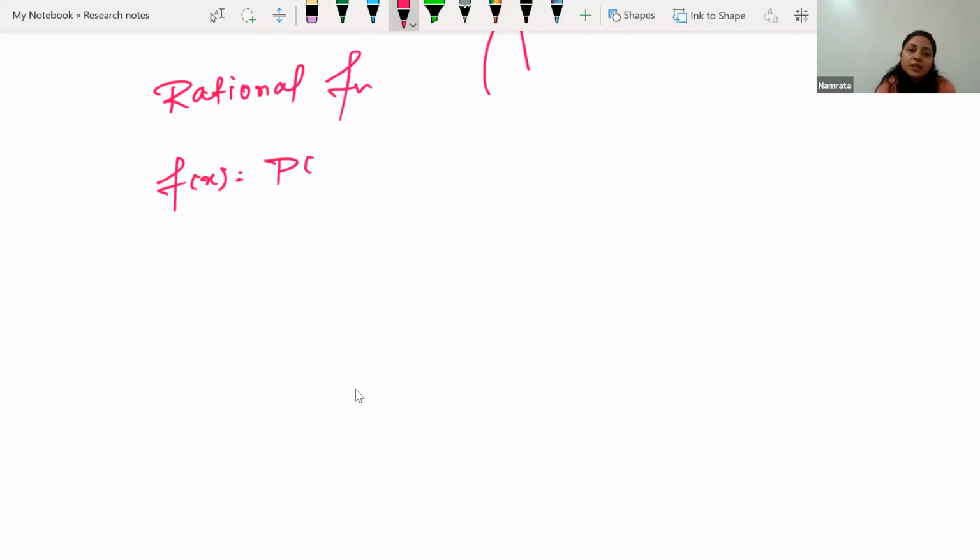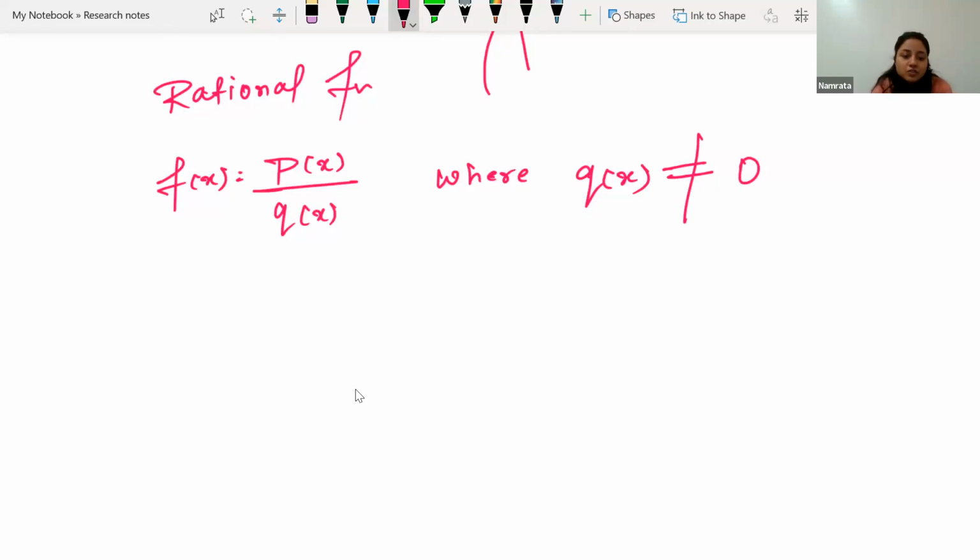We will have p(x) over here and q(x) over here, where p(x) and q(x) are just polynomials, and the denominator must not be 0, q(x) must not be 0. So this rational function is also a continuous function. It is continuous for all x belongs to R except the points where the denominator is 0.